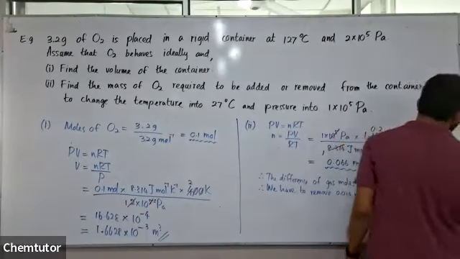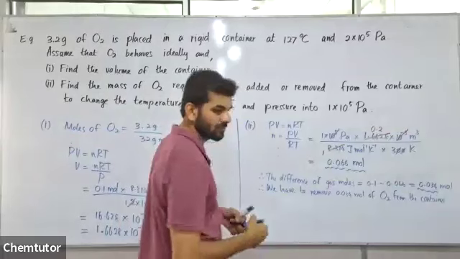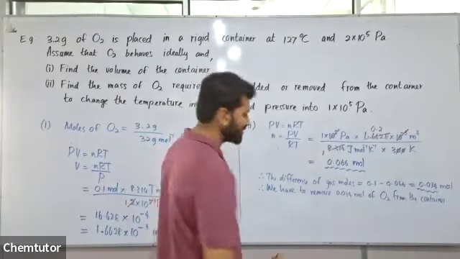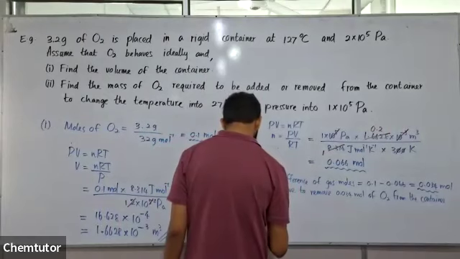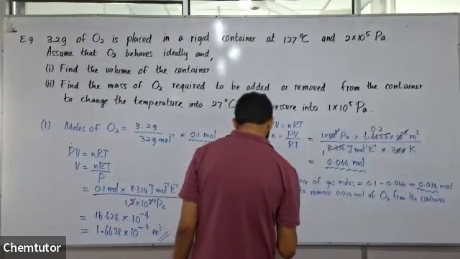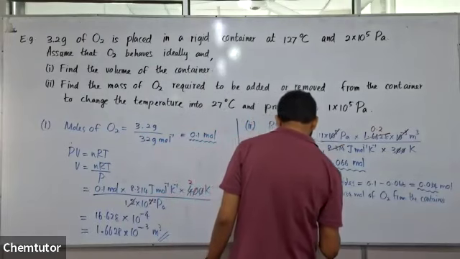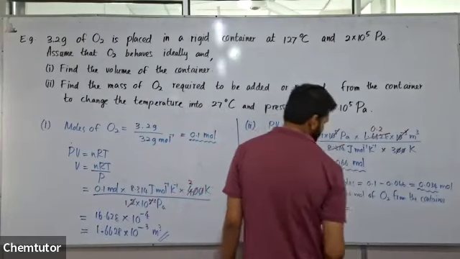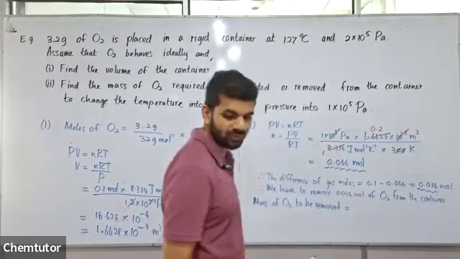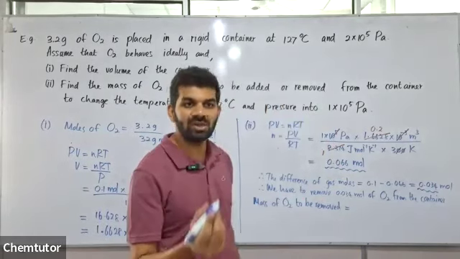Right. So we need to find out the mass of oxygen to be removed. So we know that number of moles equals mass divided by molar mass. So therefore mass equals number of moles into molar mass.